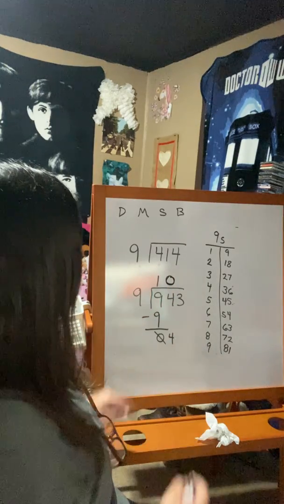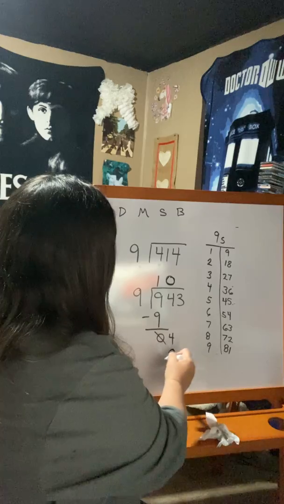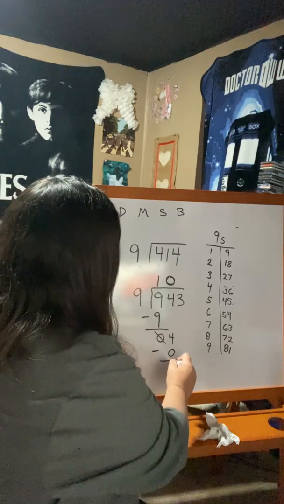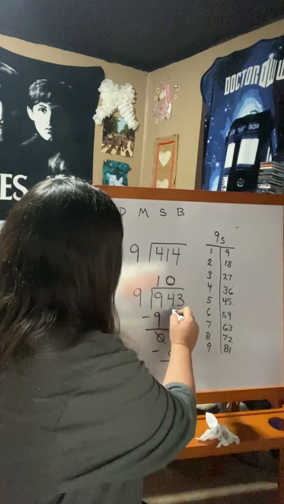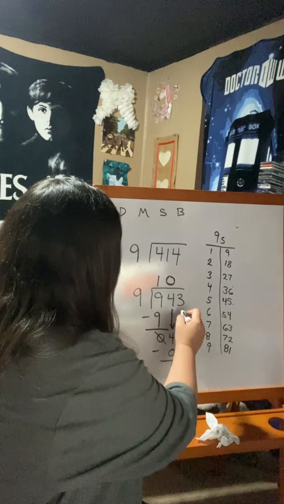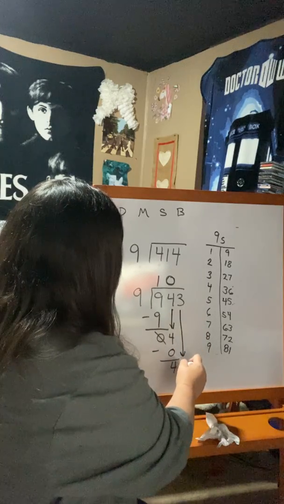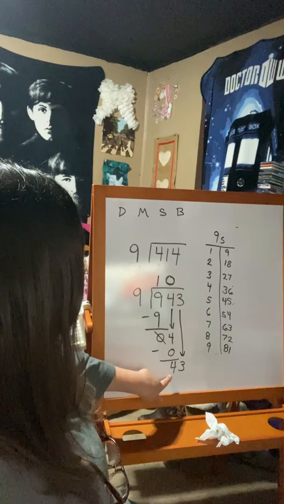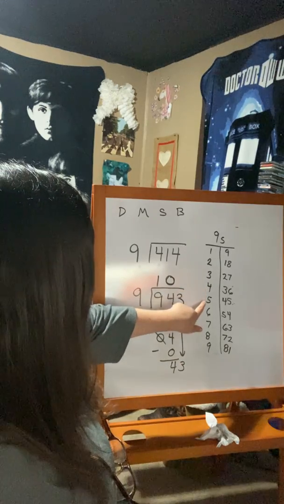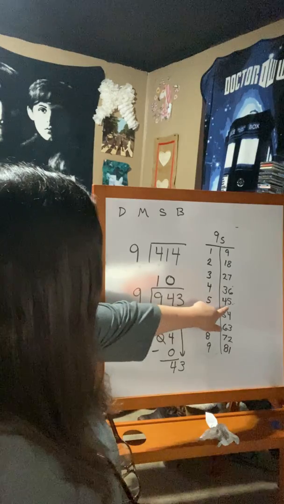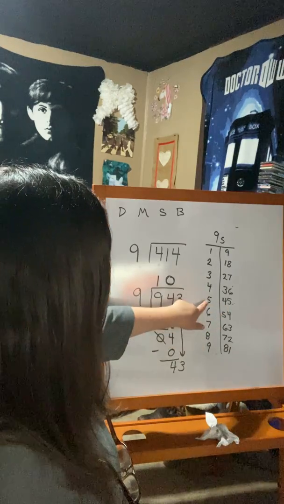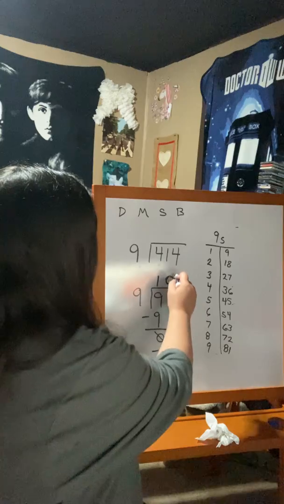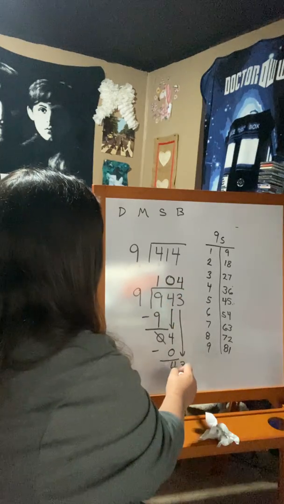9 times 0 is 0. And we'd subtract. And then we'd bring down this one. First we brought down that one. And then we bring down this one. Will 9 go into 43? Yes, a bunch of times. 9 times 4 is 36. 9 times 5 is 45. That's too much. So it only goes in 4 times. 4 times 9 is 36.